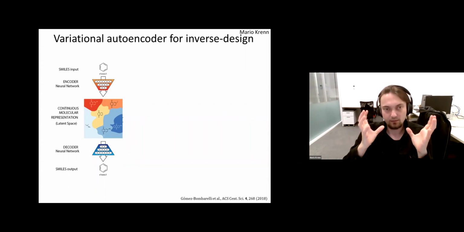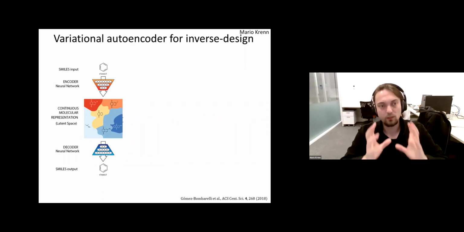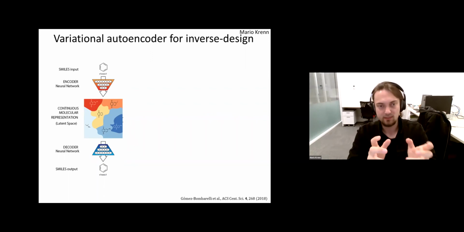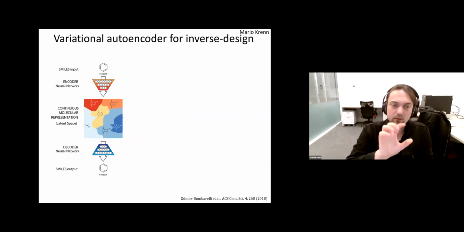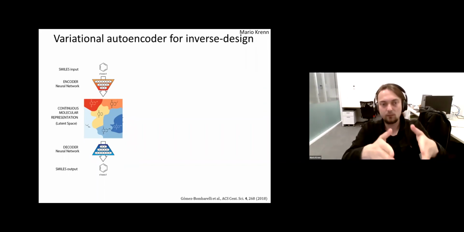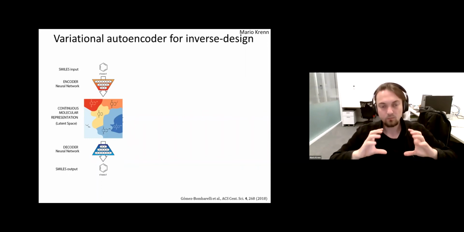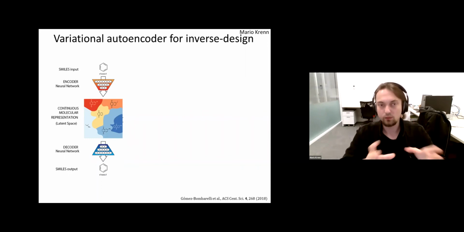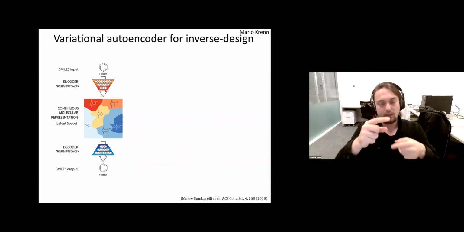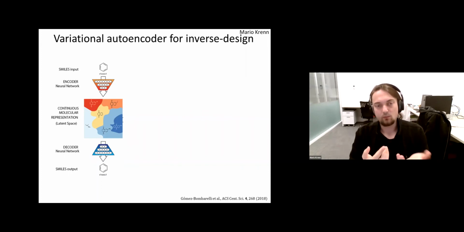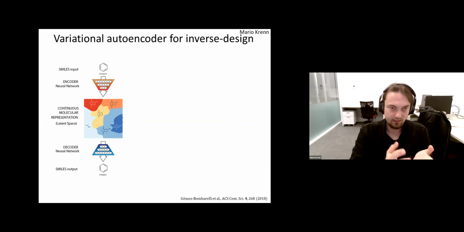Then you take the SMILES strings and encode them into a continuous representation called latent space. Afterwards, you take a decoder, another neural network that can take a point in the latent space and decode it into a molecular graph. And in the training, you basically learn an identity transformation.